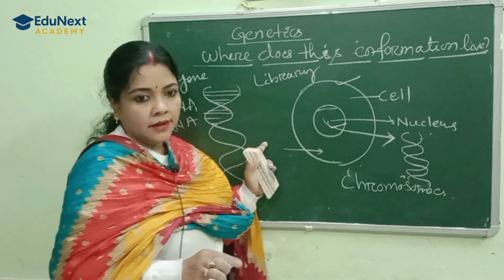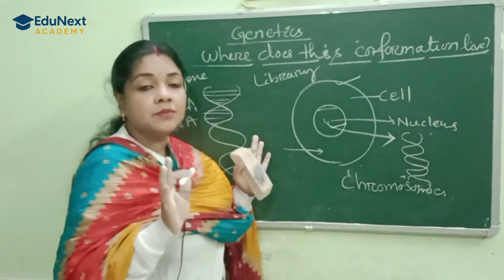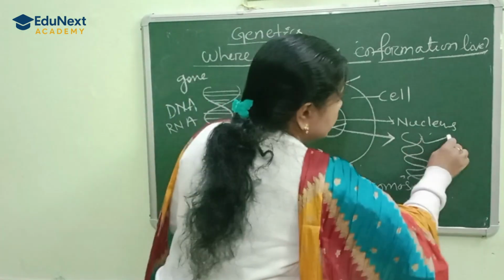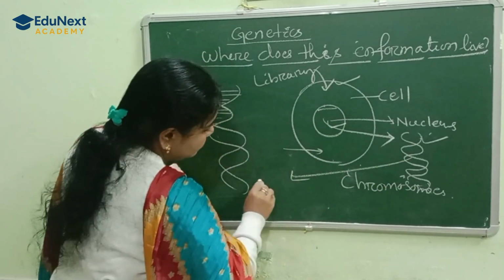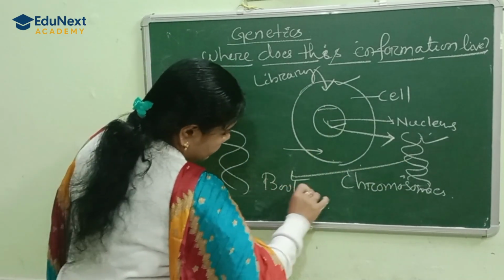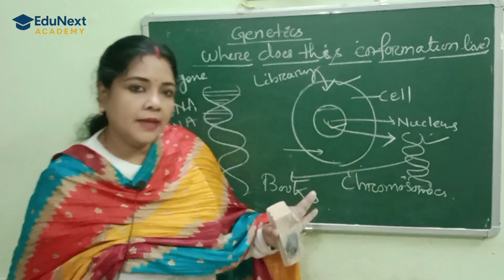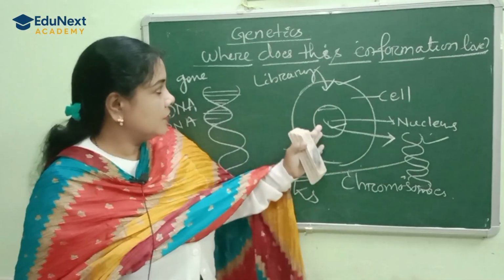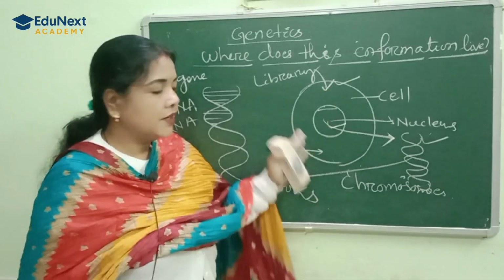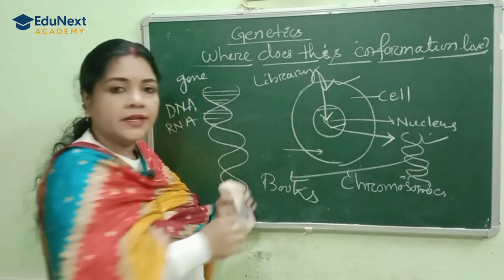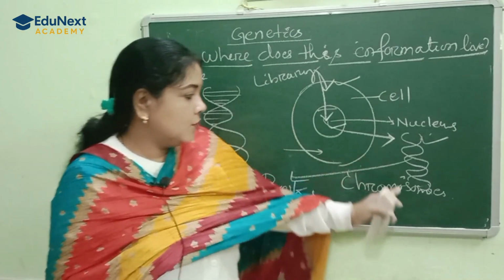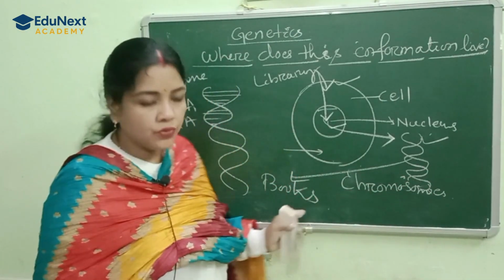The library has books. The cell is the library, and the chromosomes are the books. Inside the library we have books. So you can consider the nucleus as a library and the chromosome as a book.